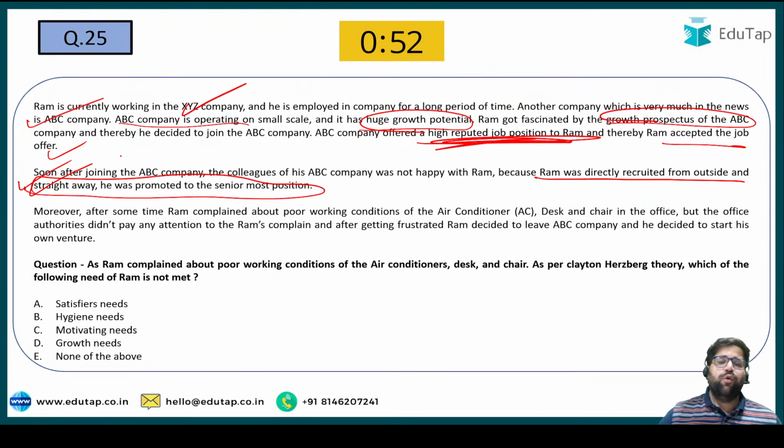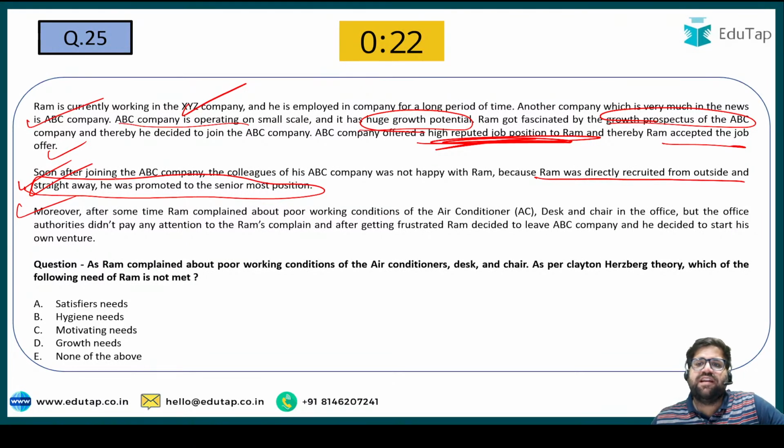So again, the overall picture is that Ram has been promoted to a higher position in ABC company, but all the employees who were previously working there do not like Ram now, because he has been taken directly from outside and internal promotions have not taken place. Moreover, after some time, Ram complained regarding the poor working conditions of air conditioners, desks and chairs in the office, but the office authority didn't pay any attention to his complaint.